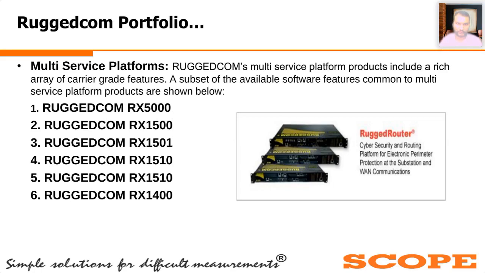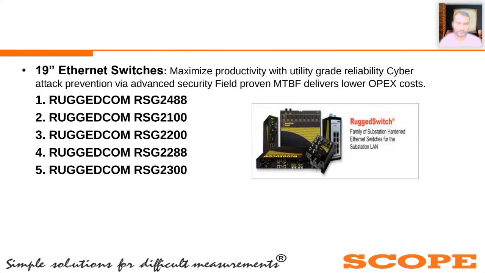Then there are layer 2 switches: RSG 2488, RSG 2100, RSG 2200, or 2300. I'll briefly explain these switches.